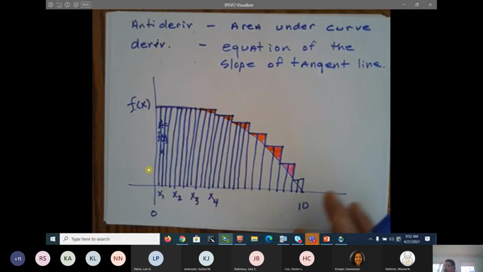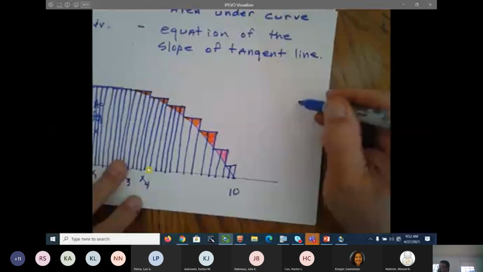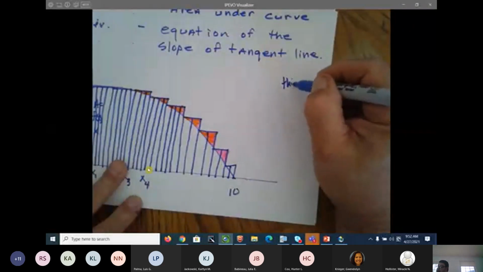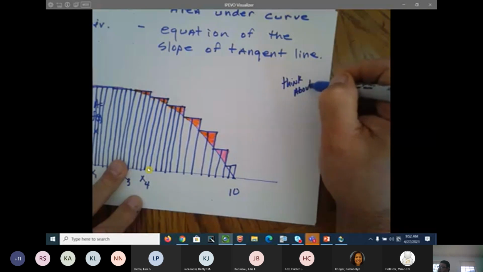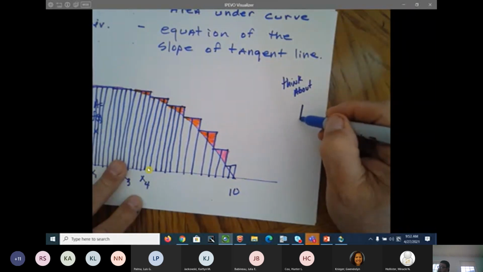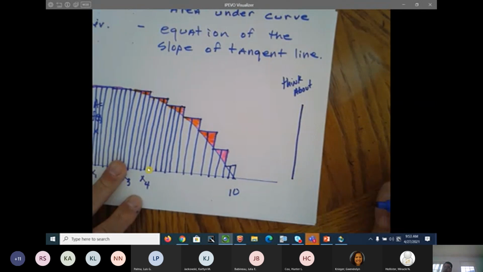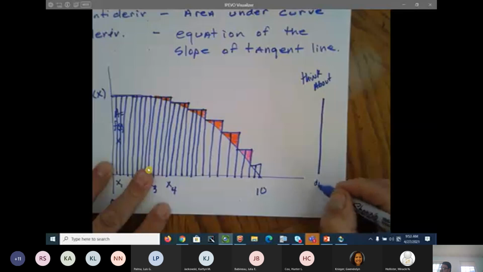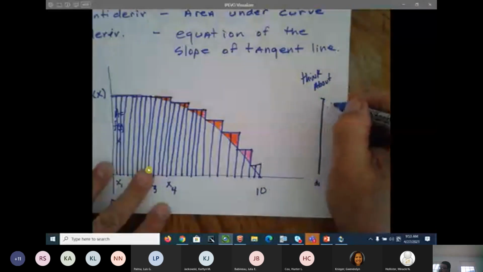So I need everybody to think of a rectangle. This is what you want to think about. A rectangle that's the width of your hair. This is dx, and this is f of x, the height.